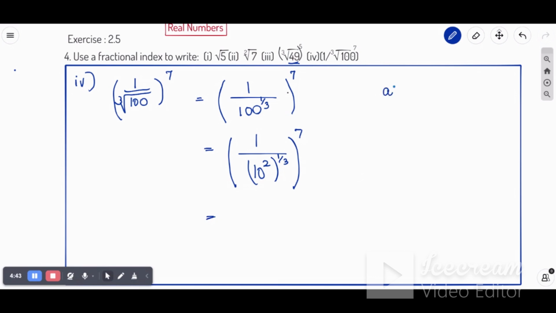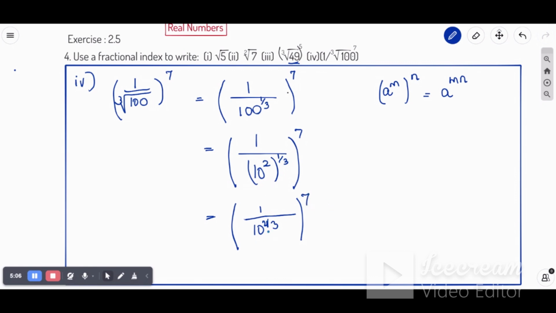Hope you remember: a power m, the whole power n is equal to a power m multiplied by n. I am applying it in the denominator, which means 1 by 10 to the power 2 into 1 by 3, which is 2 by 3. Yes, very good. This is then to the power 7.